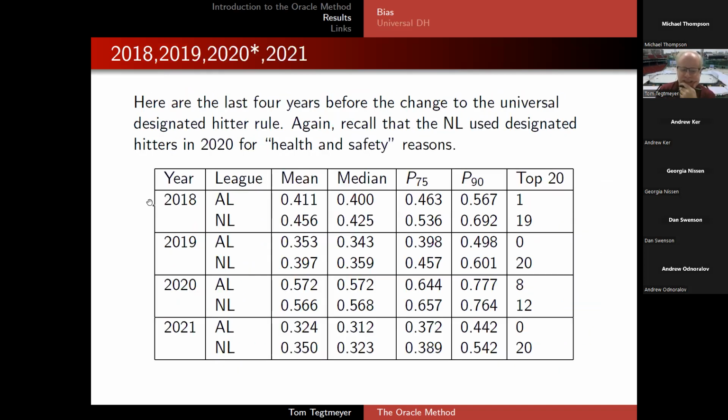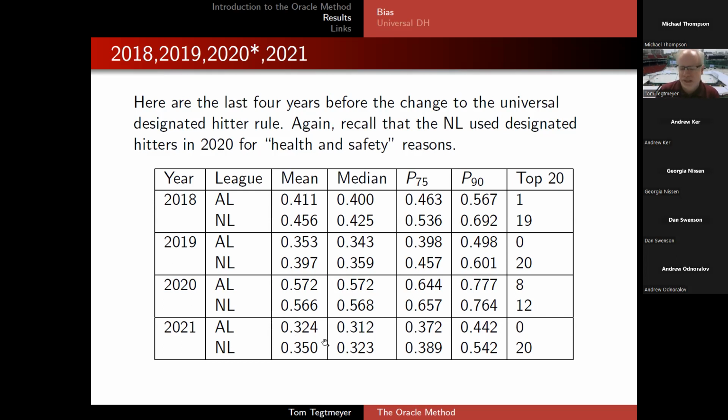So here are those years leading up to 2022. Again, in 2018, 19 of the 20 pitchers in the top 20 were from the NL. All of them in 2019. The adjusted year with the DH in the NL, 2020, was a more even split, and the AL pitchers had a higher 90th percentile, a higher mean and median.